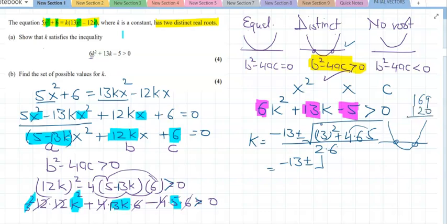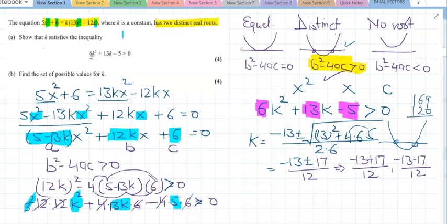This is 169, 13 square, and 120. So 289. Root of 289 is 17. So minus 13 plus minus 17 over 12. This means minus 13 plus 17 over 12, and minus 13 minus 17 over 12.